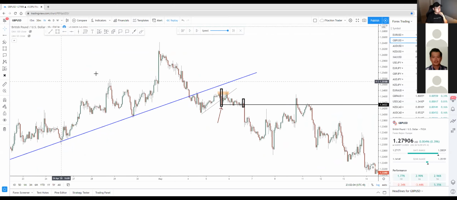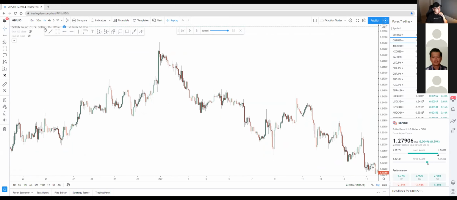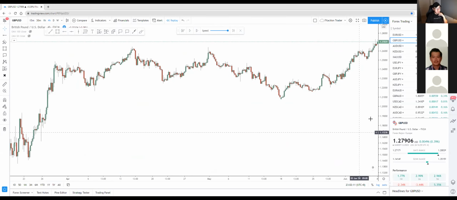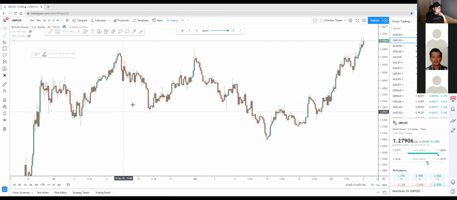Okay, so I will just clear this. We're back to H4 again. Just now we were here. So we know that market has already broken this trend line, and now we can see on H4 that market did a new low, and the new low was broken down and created a newer, lower low.